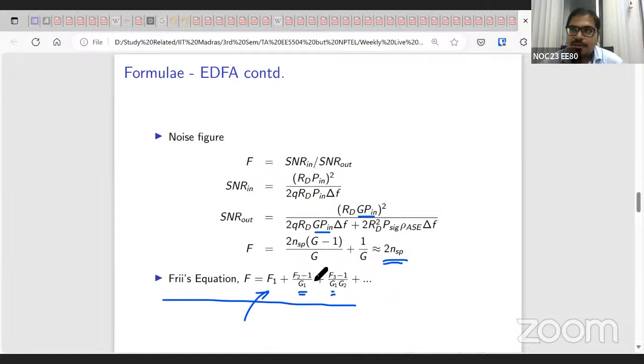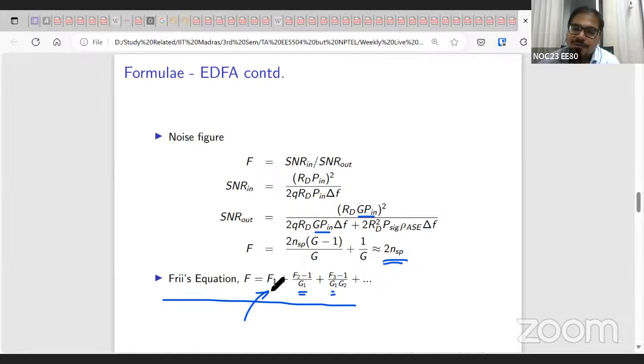So even though the later components are not so low noise, because we are using the first component as low noise figure and high gain, the contribution from the other components can be lowered. A similar concept is used here, but here the other stages are also identical.